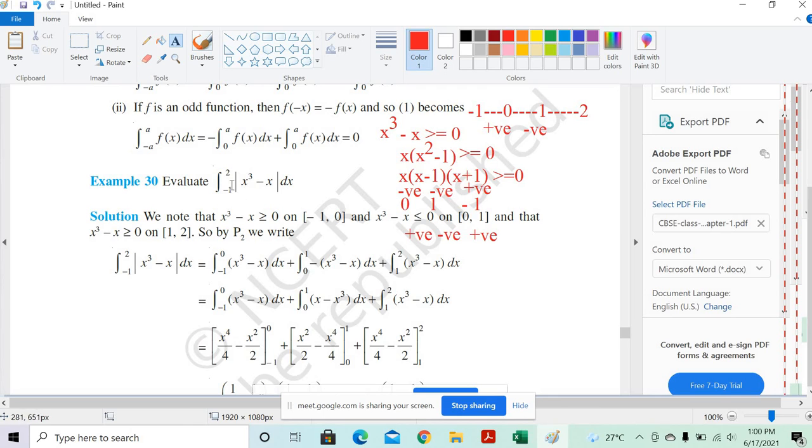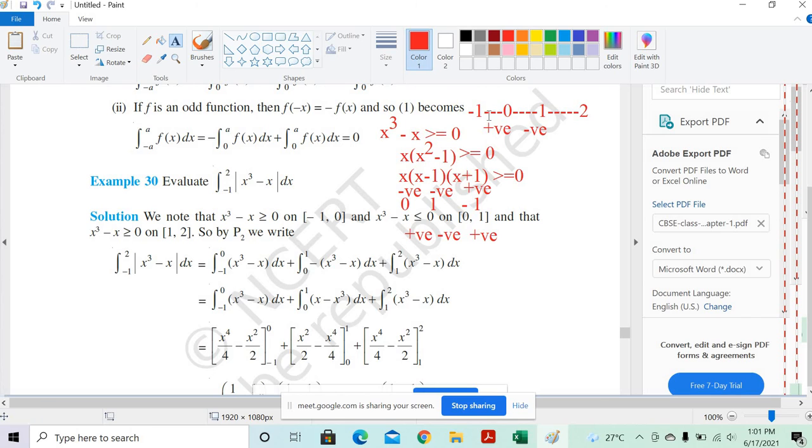Now see, for minus 1 to 2, we can do the integration from minus 1 to 0, then 0 to 1, and then 1 to 2. Correct, no? We can split the limits into three integrals. First integration, same function, minus 1 to 0, then 0 to 1, then 1 to 2. But since it's absolute value, the result should be positive all the time, isn't it?